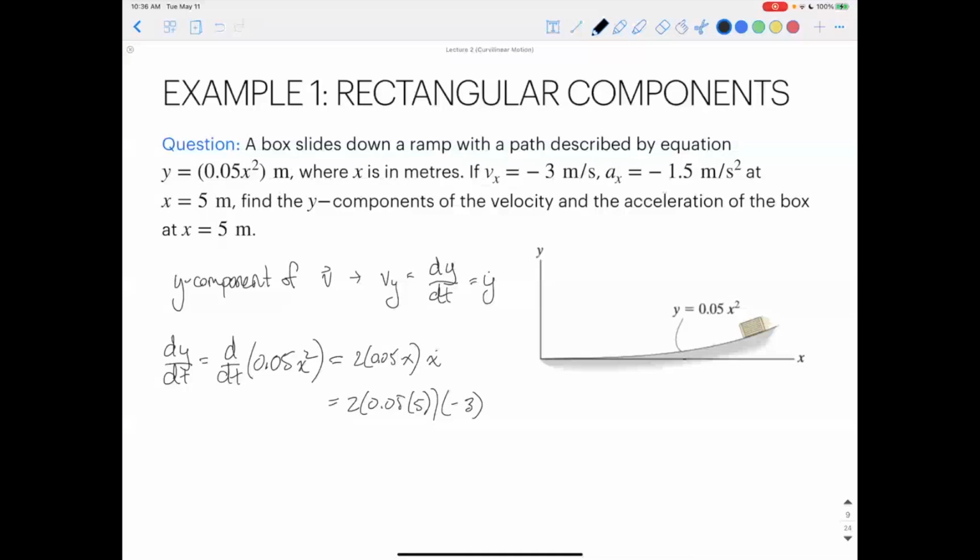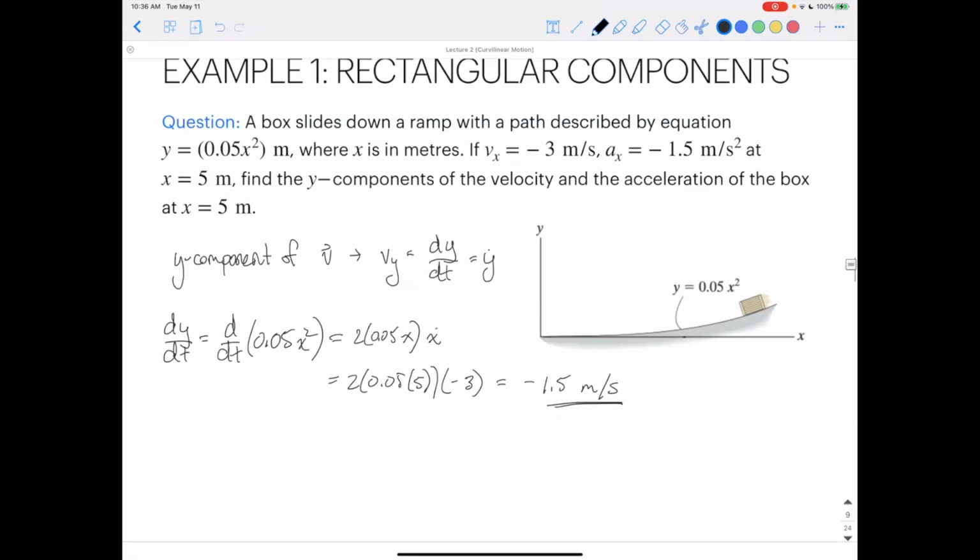So if we do this, we should get negative 1.5 meters per second. So that's our y component of velocity.